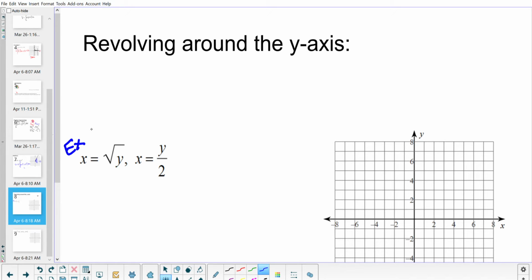And I actually want to start by graphing this. Okay, so if we're going to graph x equals the square root of y, that is really, square both sides, that's really y equals x squared. So it looks like this.